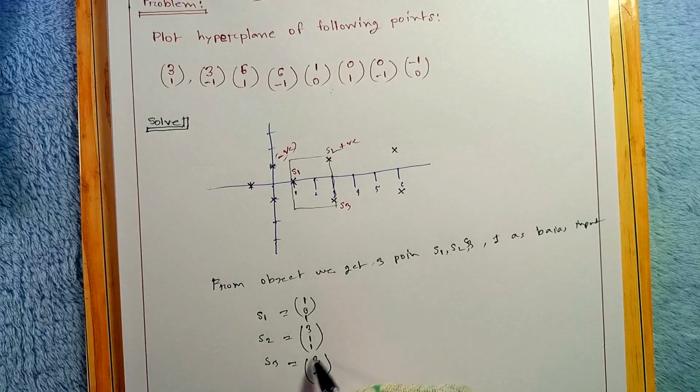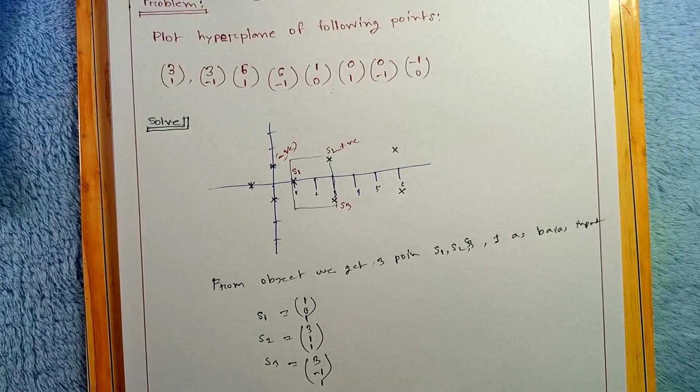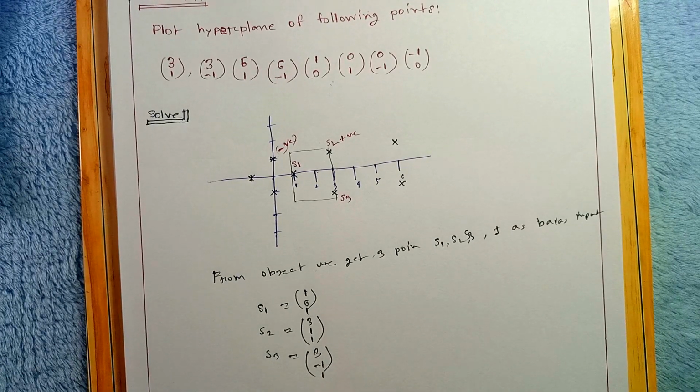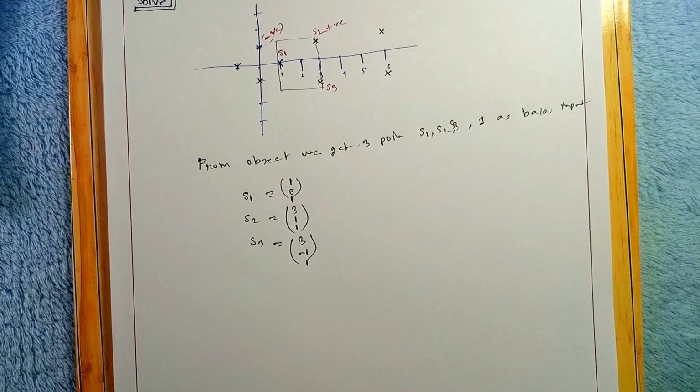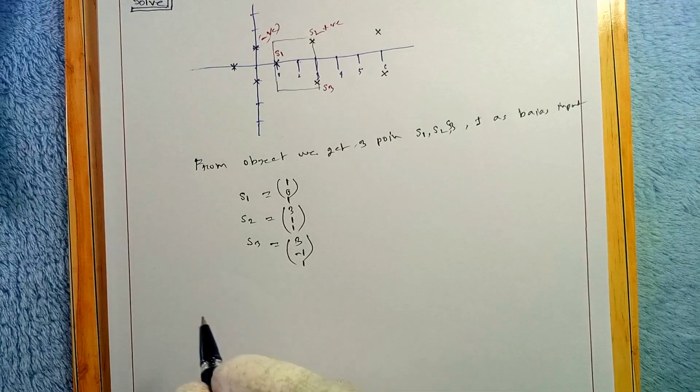We'll add our bias. Okay, so now we have to find the variables alpha 1, alpha 2, alpha 3 for calculating the weight vector.